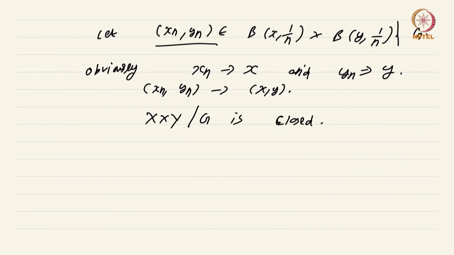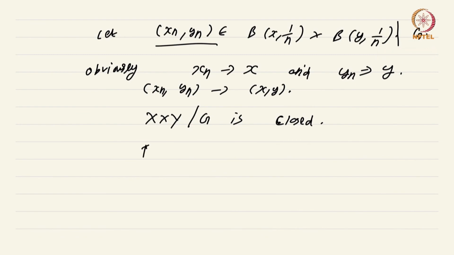Okay, so X Cartesian product Y set minus G is closed, but we have just seen that (x_n, y_n) is a sequence in X Cartesian product Y minus G. Remember, because that's the way we have chosen this sequence (x_n, y_n).